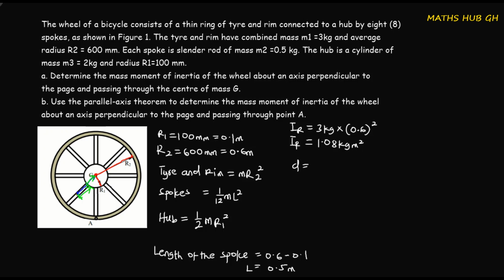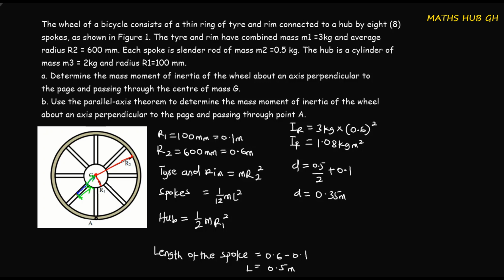So let me say D equals 0.5 divided by 2, plus the radius of the hub, which is R1, and that's given to be 100 millimeters, which is 0.1. So let's simplify this and see what we get for D. So we have 0.5 divided by 2 plus 0.1. That gives us a value of 0.35 meters. Okay, so this would be the distance.